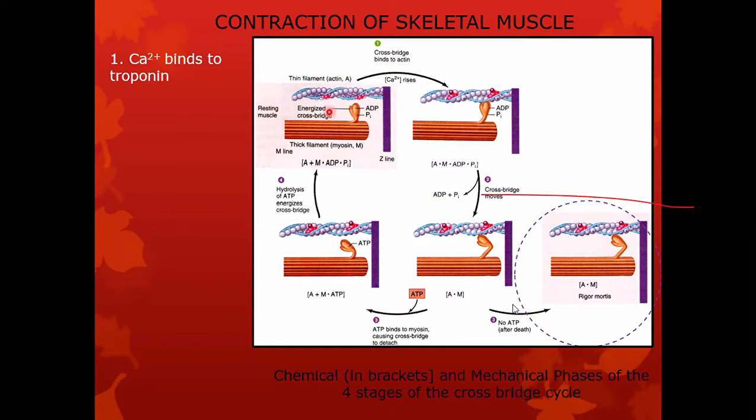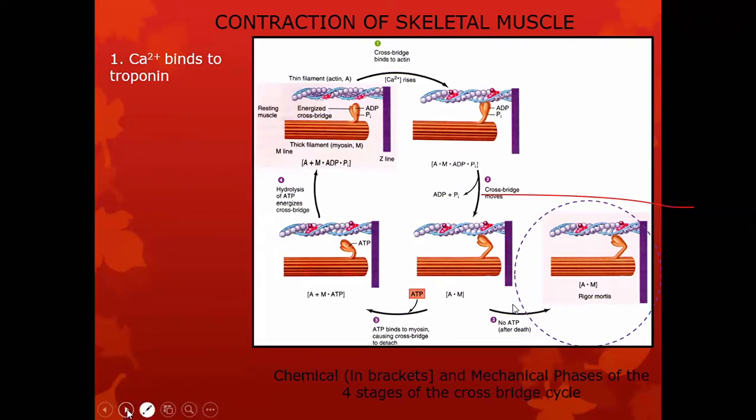This is a resting muscle. So this is how your thick filament appears. The head, the cross bridge, is standing already, okay? And the binding site to actin is exposed.